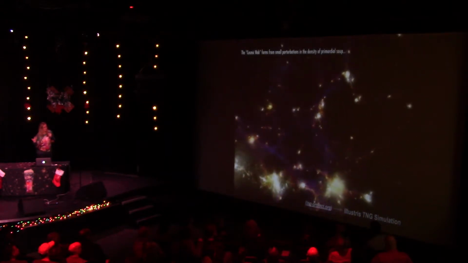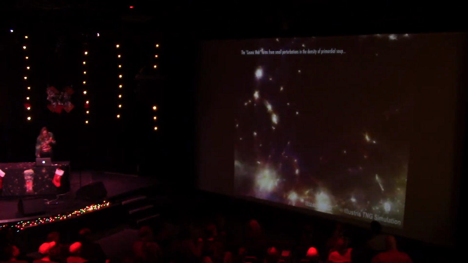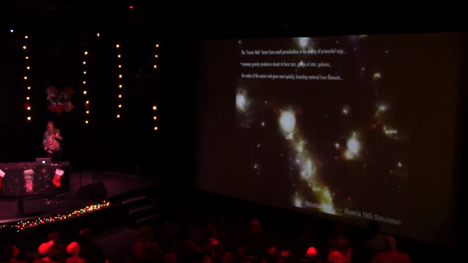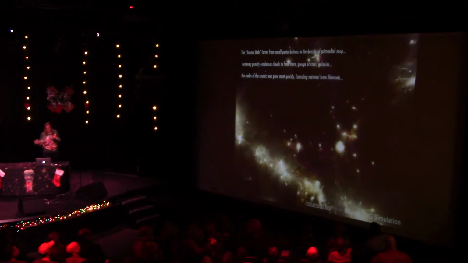So the steps of the simulation are that the cosmic web forms from small perturbations in the density of the primordial soup, which is like the initial gas. Runaway gravity condenses clouds to form stars, groups of stars, and galaxies. The nodes of the cosmic web will grow most quickly and funnel material from filaments.